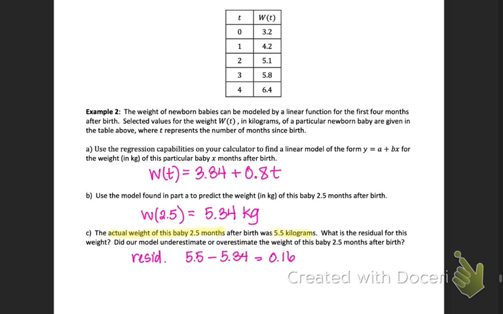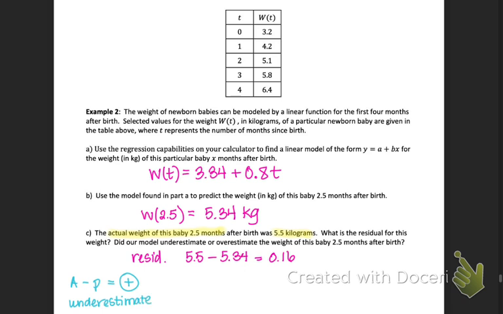And since this is positive, the actual minus predicted, if I do A minus P and I get a positive number, that means that my estimate was less than what the actual value was. So we underestimated in our case, okay?